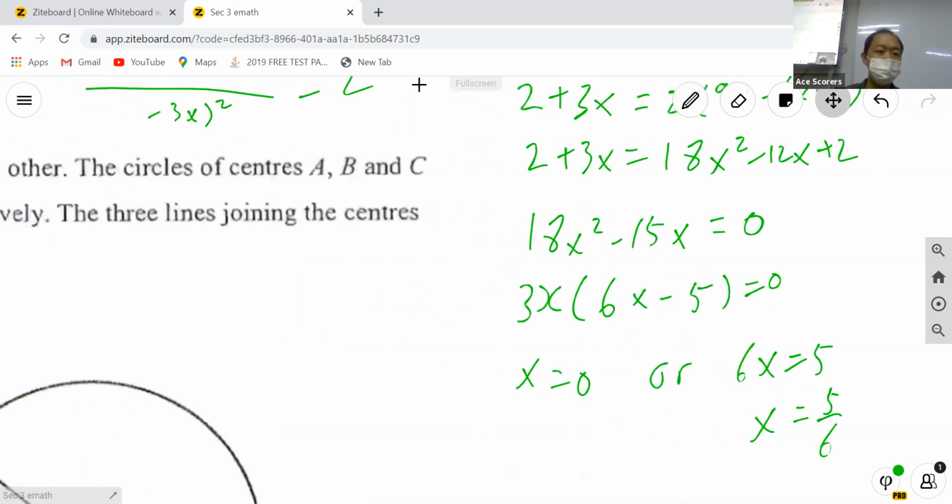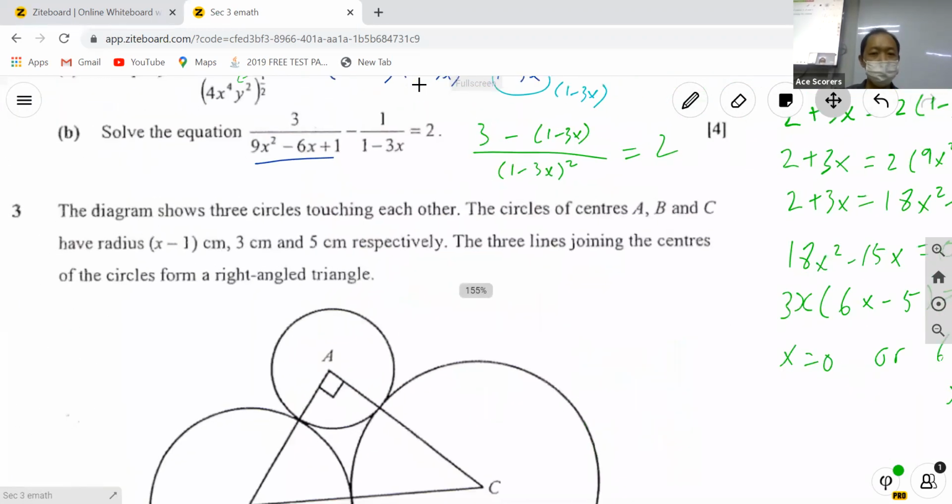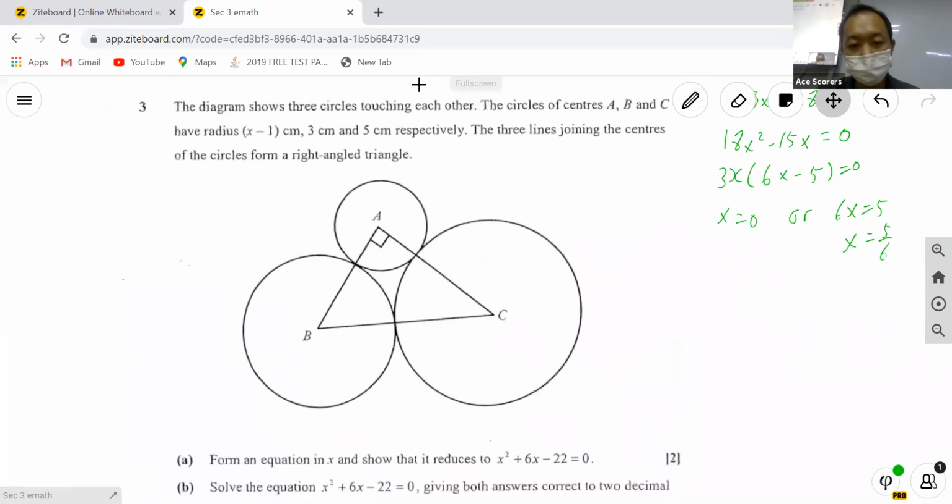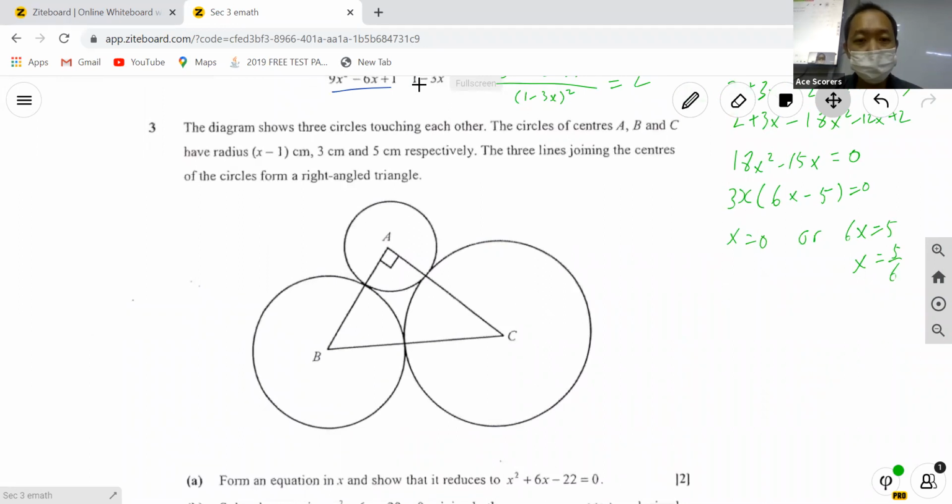Okay, done. Ready to get 3. Now let me give a hint for 3. Form an equation to show that it reduces to x squared plus 6x minus 22. 3 circles touching each other.